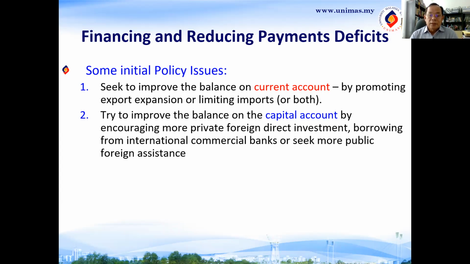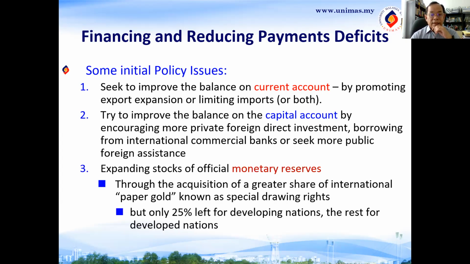Okay, ataupun cuba untuk mendapat public foreign assistance, like assistance from the developed countries, from US, from Britain, from Germany, and so on. When it is a gift ataupun benda itu mungkin there's no need to pay back, at least not in cash, but probably in some other form.